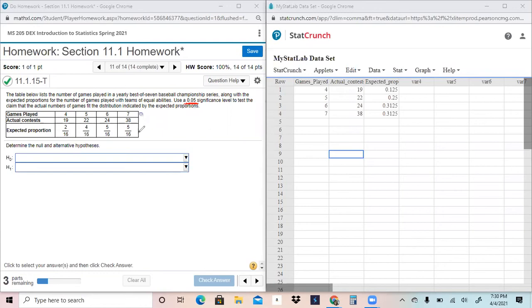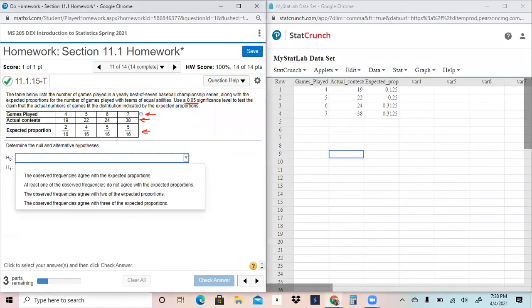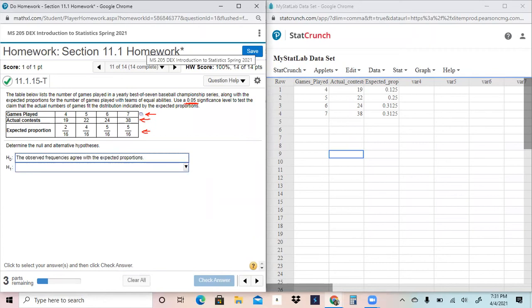So here are our expected proportions. Here are our observed numbers. This is our category labels. Naturally, the null hypothesis is going to be that the observed frequencies equal the expected proportions.